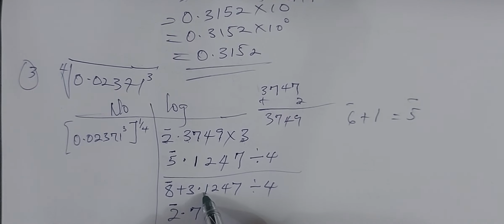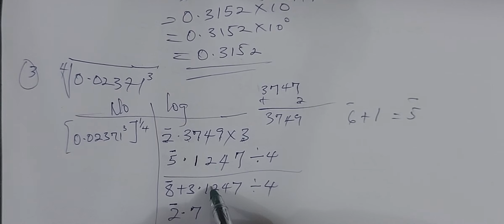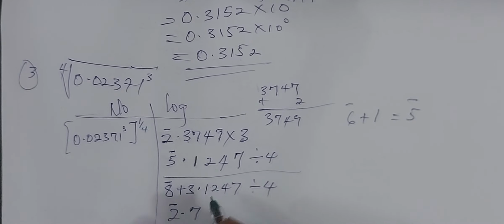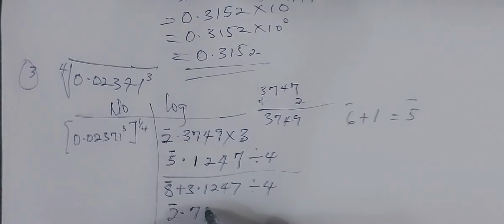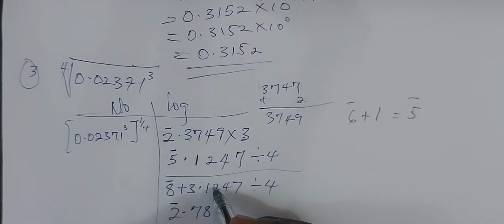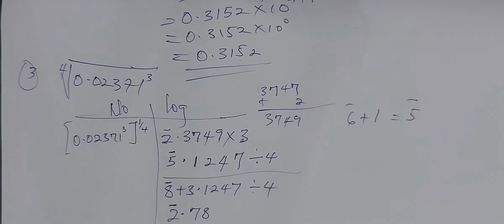Now remember 3. Take it here again, we have 8. 3 into here, we have 32. 32 divided by 4, we have 8, 8. And this is 1. Are you following?